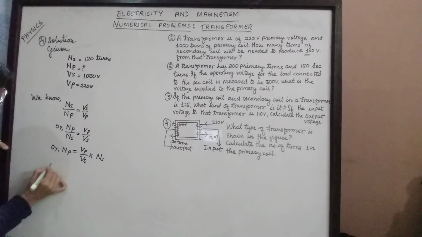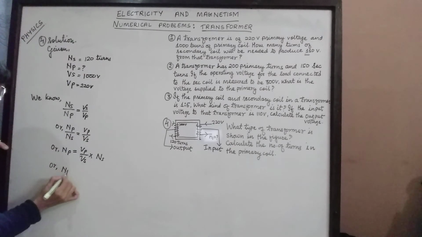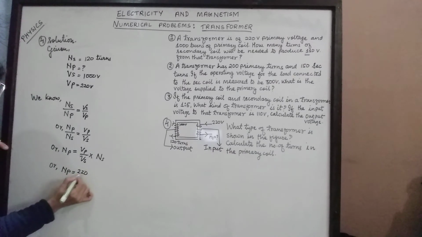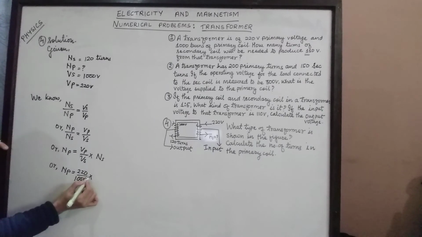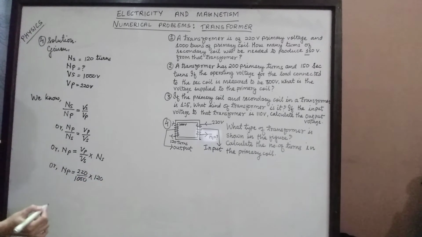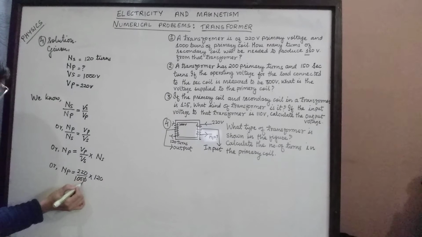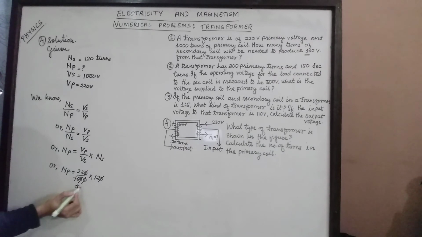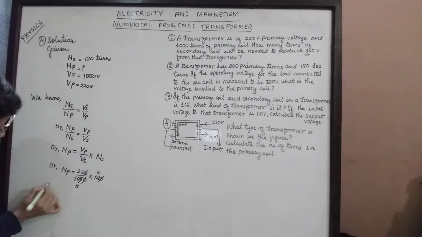Now put the values. NP equal to VP is how much? 220. VS is 1000. NS is 120. Do the calculation now. This 0 cancel, this 0 cancel, this 0 cancel, this 0 cancel. Now 2 5s are 10, 2 6s are 12. Now no more cancellation.